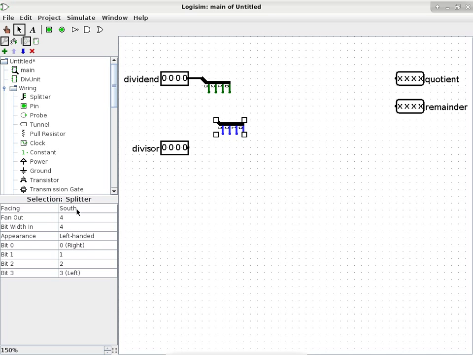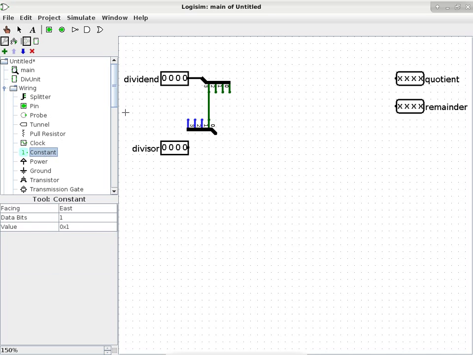And we'll turn it face north. The least significant bit of this merge is going to come from the most significant bit of the dividend, and then we have 0 going into the other 3 bits because we are padding all the most significant bits.